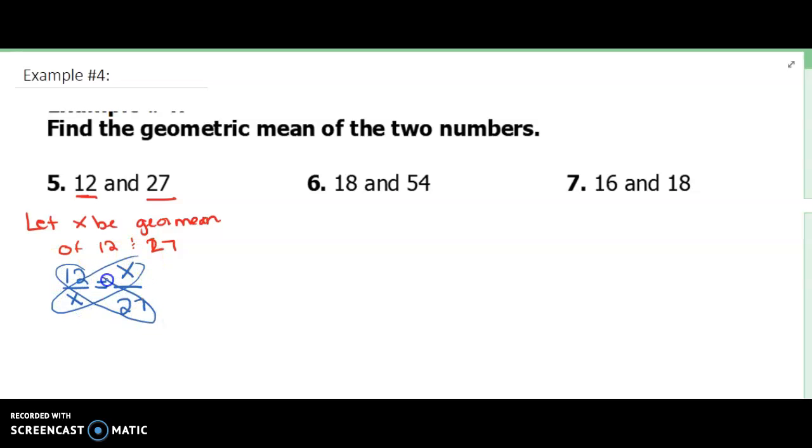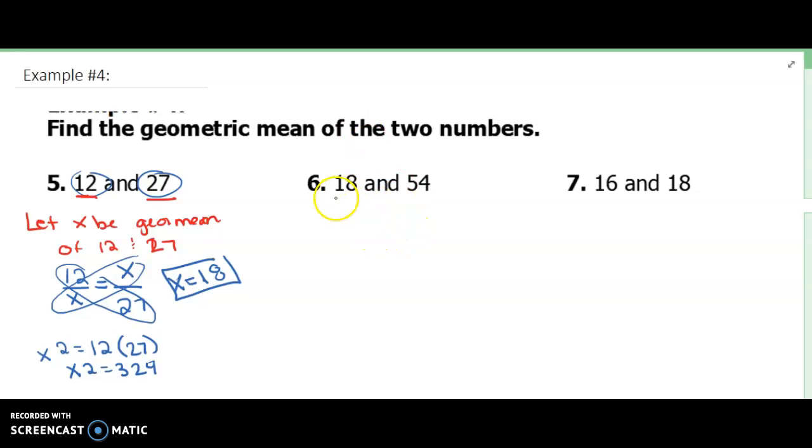And then to solve, x squared equals 12 times 27. 12 times 27 is 324, and I believe 324 is a perfect square. It is. The square root of 324, guys, is just 18. So I could say 18 is the geometric mean of 12 and 27.